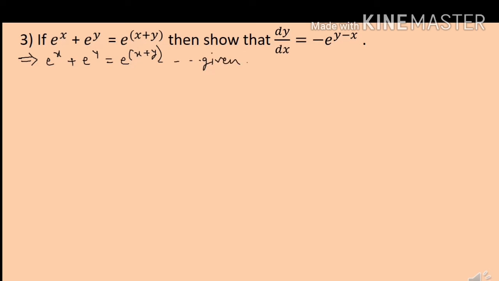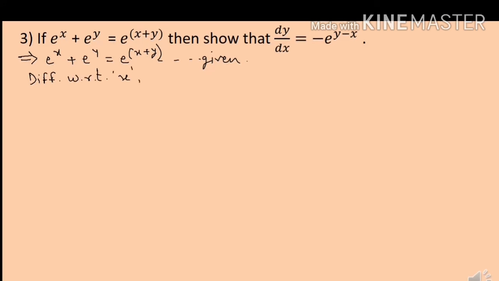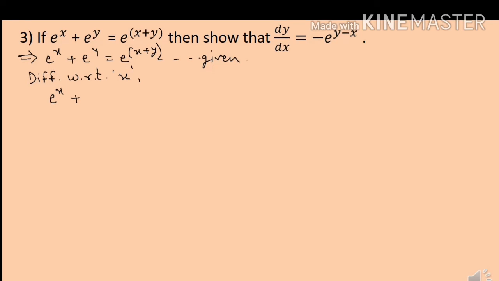So now differentiate. So differentiating with respect to x. Now derivative of e raised to x is e raised to x only. Plus derivative of e raised to y will be e raised to y into dy by dx is equal to.